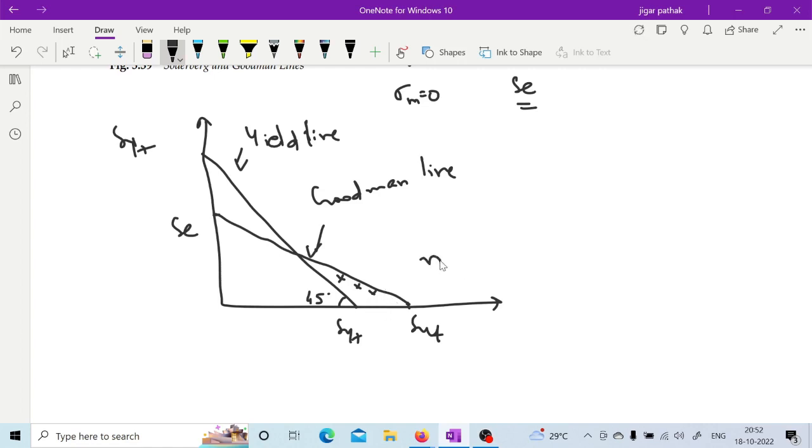So there is a modified Goodman line, which goes from here to here, the same, but it will not go into this region. It will go this way. This is known as the modified Goodman line.